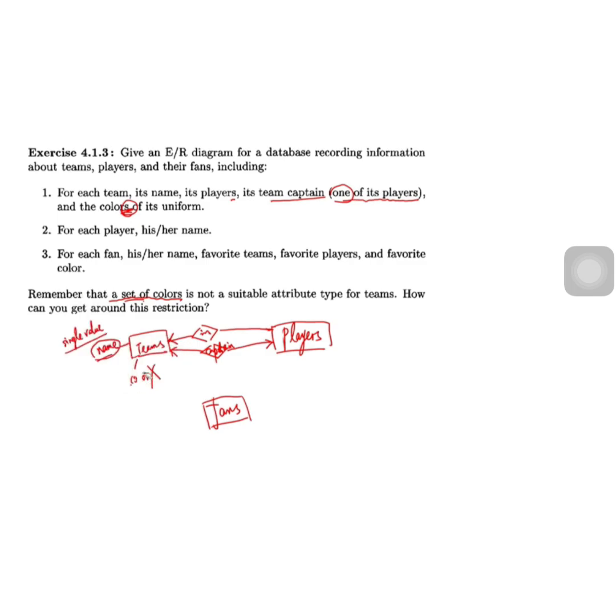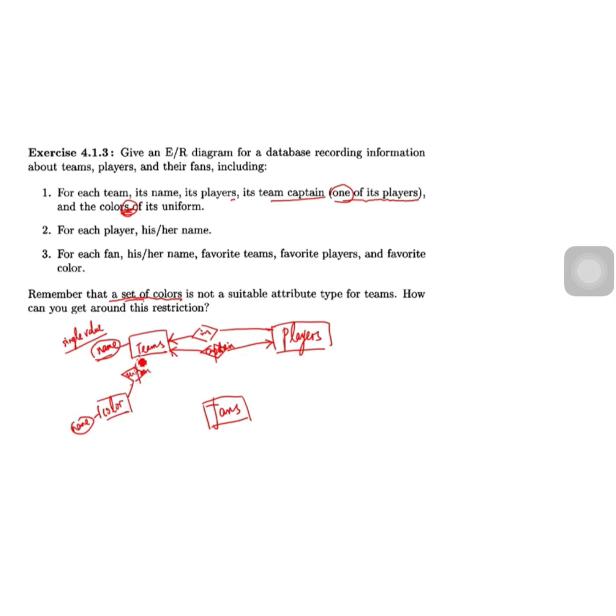Now, how to present the color? We use an entity set, color name, and we build the relationship between teams and color, uniform.